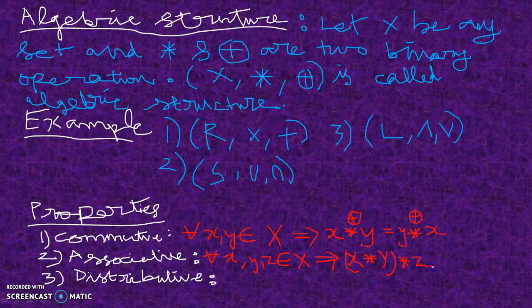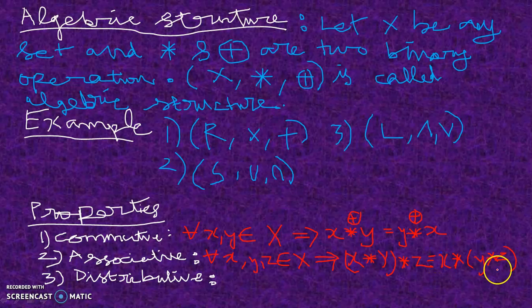See the way I am associating. First x and y, then afterwards z. Now unlike this, I am associating differently. How? I am associating the last two elements out of these three elements, then afterwards associating by this binary operation the first element x.